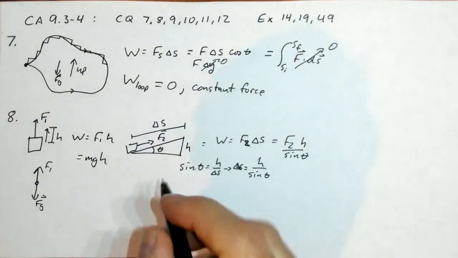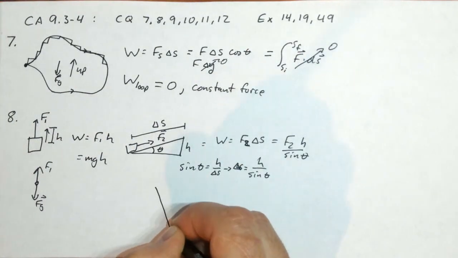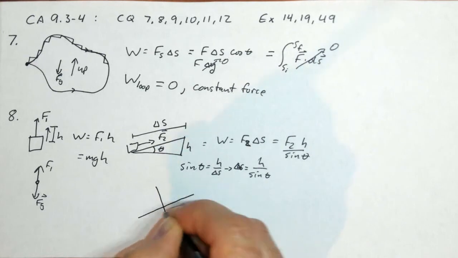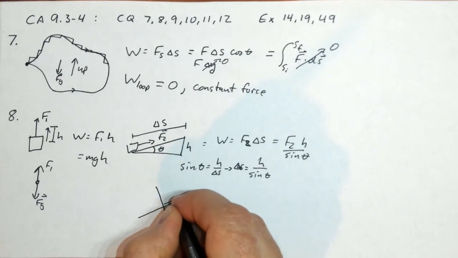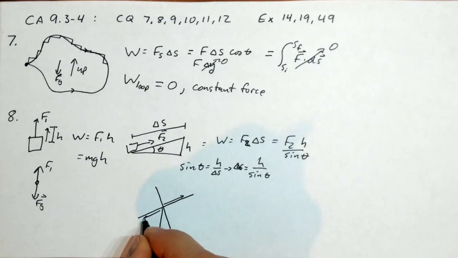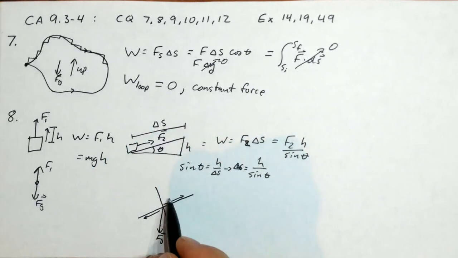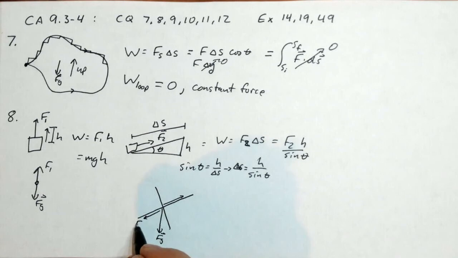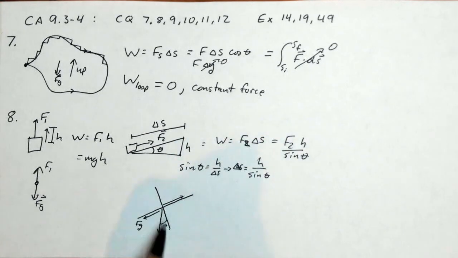In this case we have a little bit more complicated scenario. I've got a tilted coordinate system, and my force is this way. My gravitational force is this way, and it has a component opposite that, and if they're moving at constant velocity, these two must be equal. So this is Fg, and this is theta, always measured from the normal component.